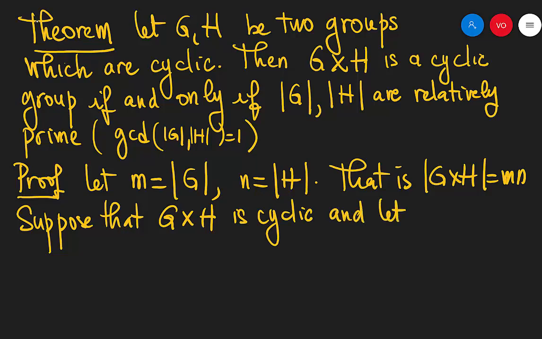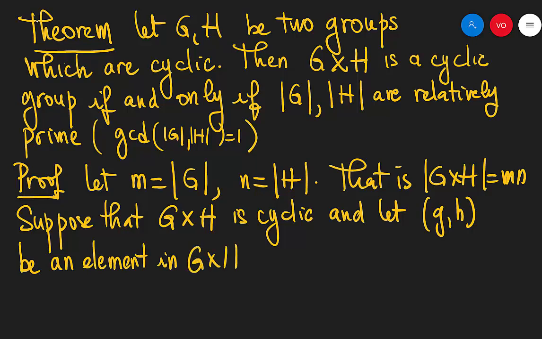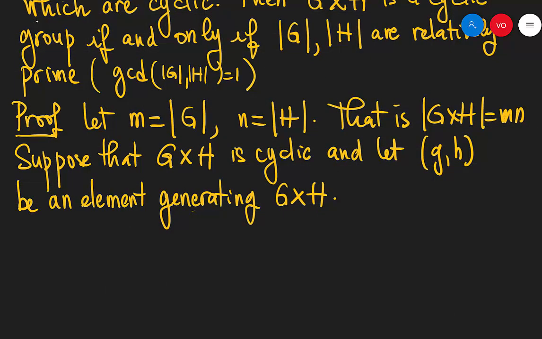And let (g,h) be an element in G cross H generating G cross H. Then what's going to happen if we consider (g,h) to the power MN over the GCD of M and N?